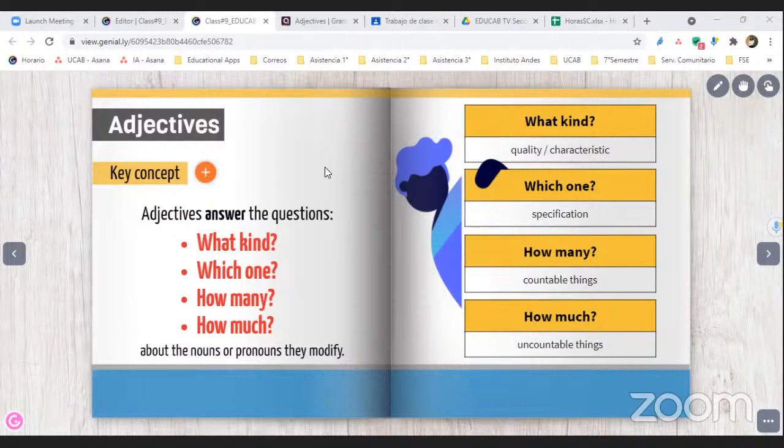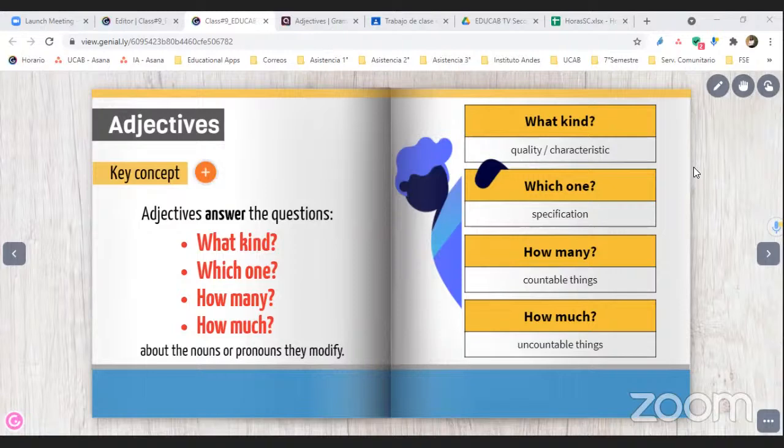So for example, here we have the 4 questions and what they mean. What kind is the question that an adjective answers when it is speaking about the quality or a characteristic of the noun or the pronoun. Which one is about a specification, okay?